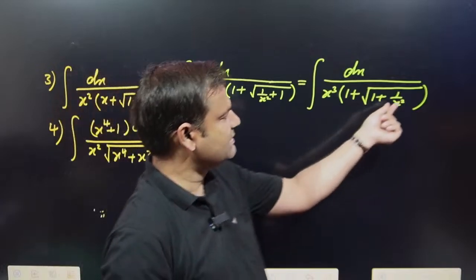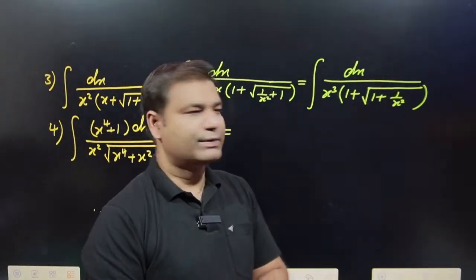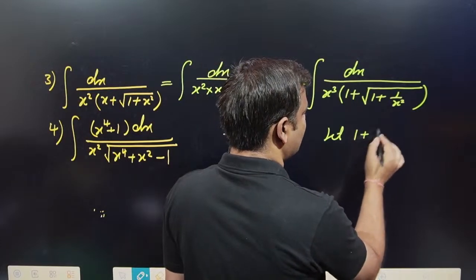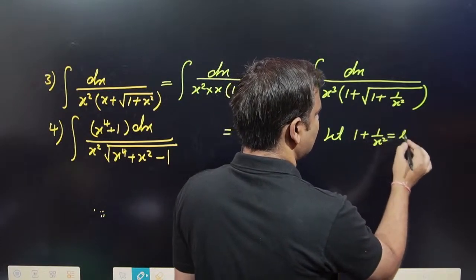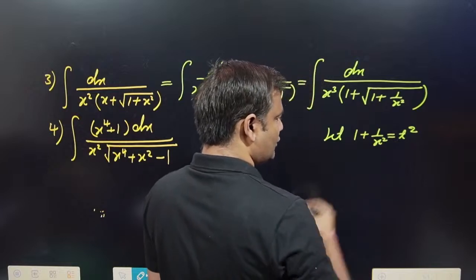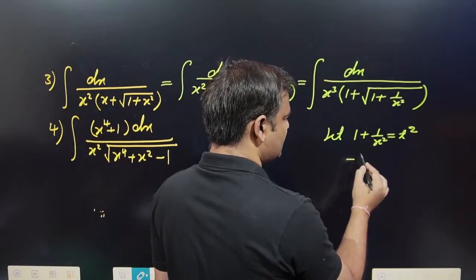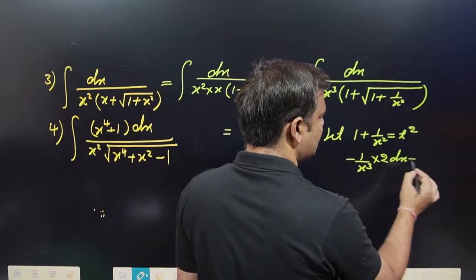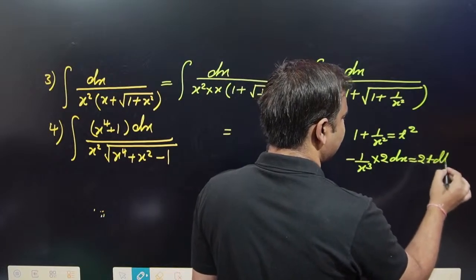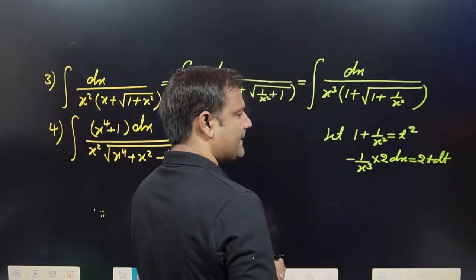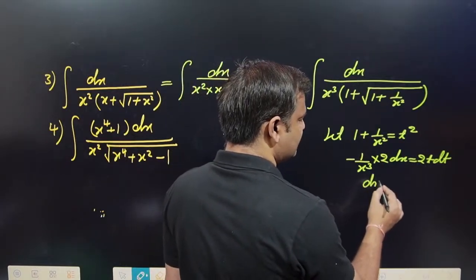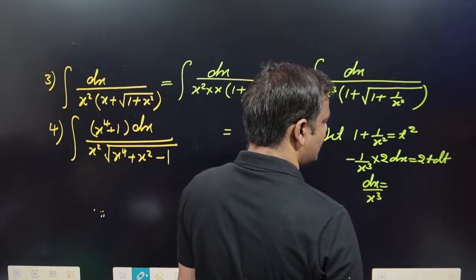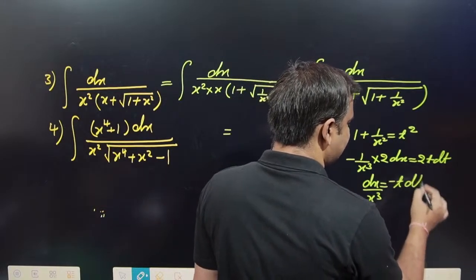If this part is taken as t, simply let 1 plus 1 by x square be equal to t square. Then differentiating this one, minus 2 by x cube dx equals 2t dt. Then dx divided by x cube is replaced by how much? Minus t dt.